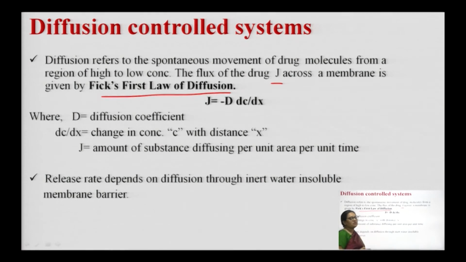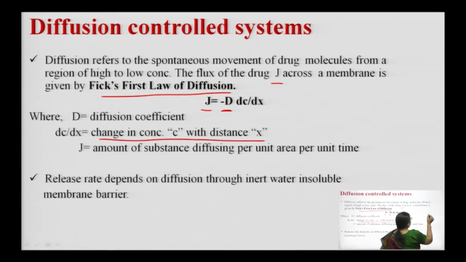According to Fick's first law of diffusion, the rate of flux depends upon the diffusion coefficient of the drug and the concentration gradient along the barrier membrane. So, here you can see flux is directly proportional to the diffusion coefficient D of the drug, and it is also directly related to the change in concentration with the distance x of the drug.